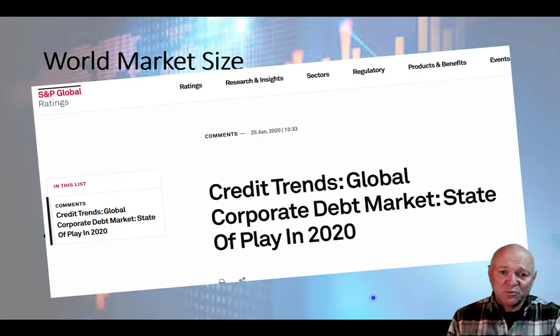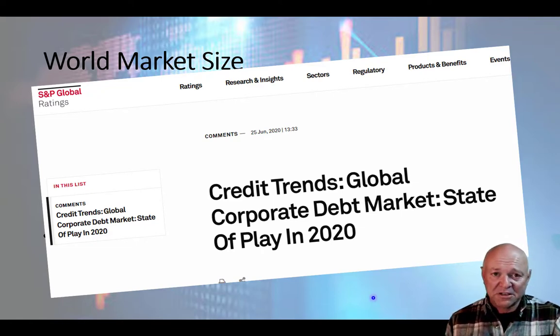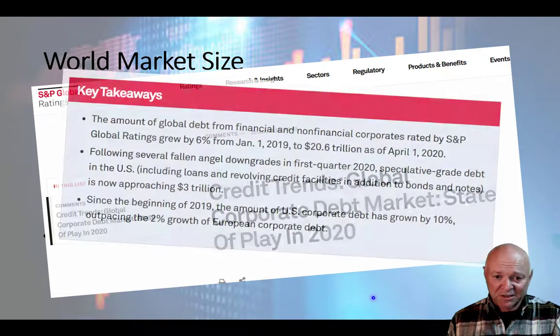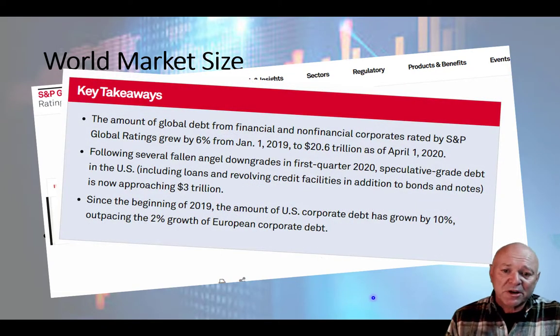We see from this report from Standard & Poor's that the markets in the last few months have been very much in flux, and that global markets have increased substantially over the past year to a total value of about $21 trillion as of April of this year.